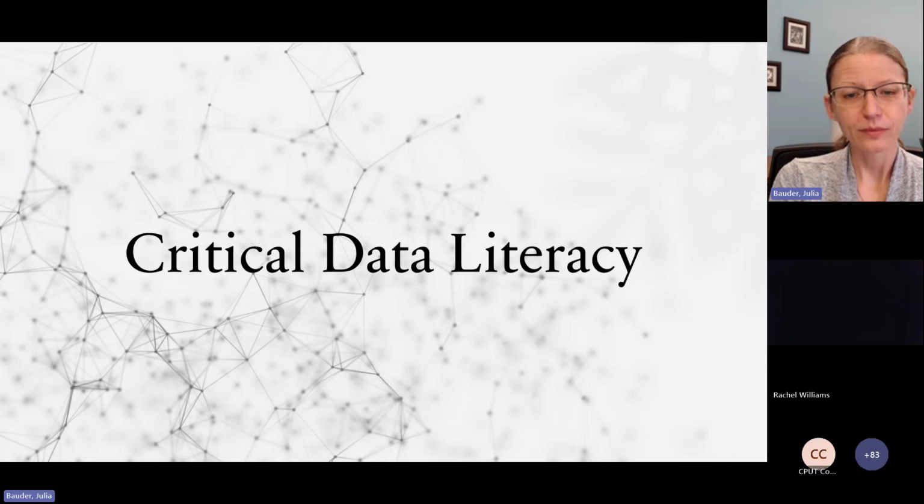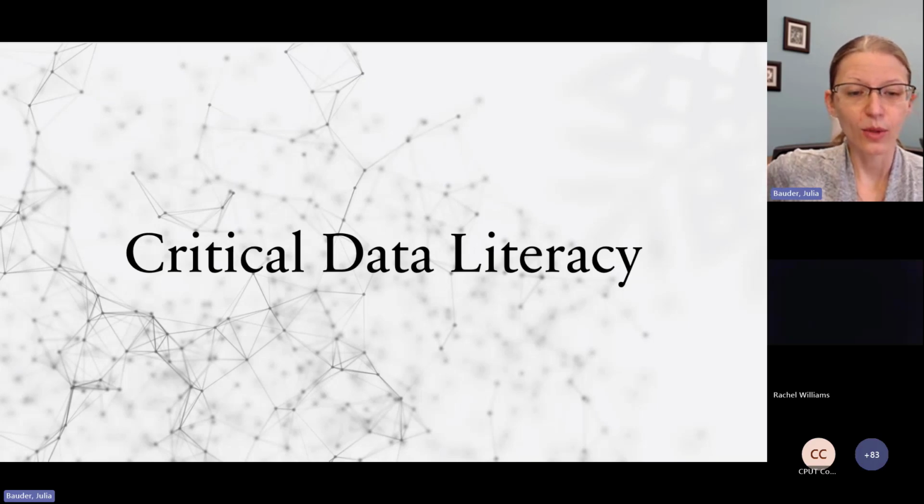So if you're trying to draw conclusions from a particular data set, it's really important to understand what choices were made by the people who created the data and how those choices shape what you see in the data. And this is what critical data literacy is all about.